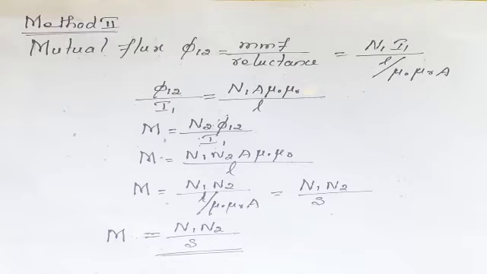That is, mmf is equal to N1 into I1, reluctance L by mu naught mu r into A. So rearrange the terms, phi 12 by I1 is equal to N1 A mu naught mu r by L. So M equal to, from method 1, N2 phi 12 by I1, substituting the value of phi 12 by I1, that is N1 N2 A mu naught mu r by L. So again rearrange the terms, M equal to N1 N2 L by mu naught mu r into A equal to N1 N2 by S. So M equal to N1 N2 by S.